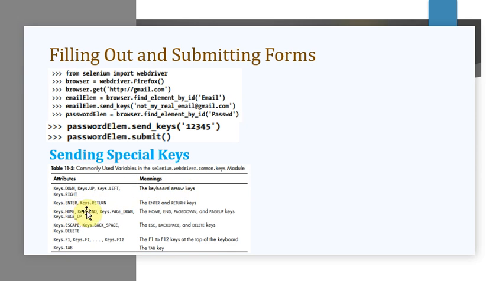Similarly, Keys.ENTER and Keys.RETURN are your enter and return keys. Similarly, Keys.HOME, Keys.END, Keys.PAGE_DOWN, Keys.PAGE_UP. Suppose you are writing some data in a particular line and you want to move to the beginning of the line, that is done by Keys.HOME.